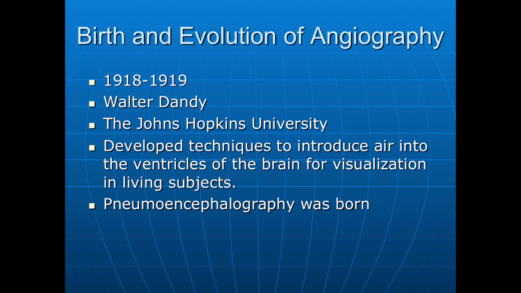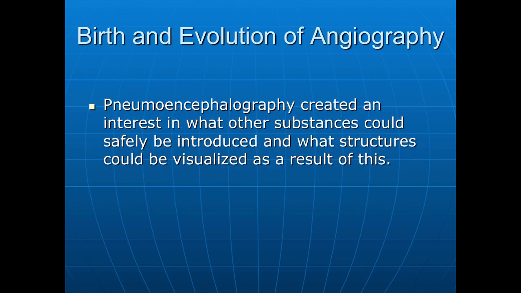If you've ever heard of babies who have water on the brain, it means that they have something wrong with the ventricles in their brain, and that has to be addressed, and they have to figure out what's going on. Once they came up with pneumoencephalography, they decided that it would be interesting to see what other substances could be safely introduced and what structures you could visualize as a result.